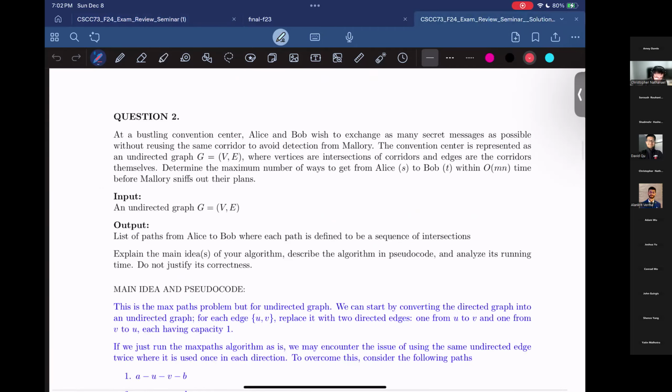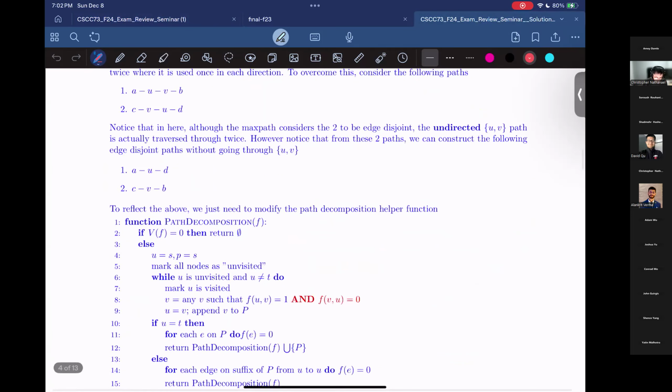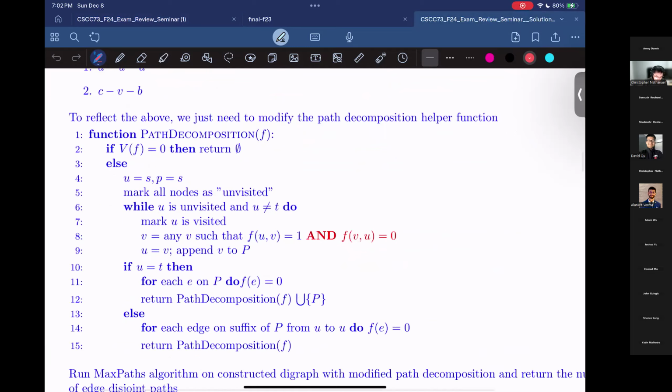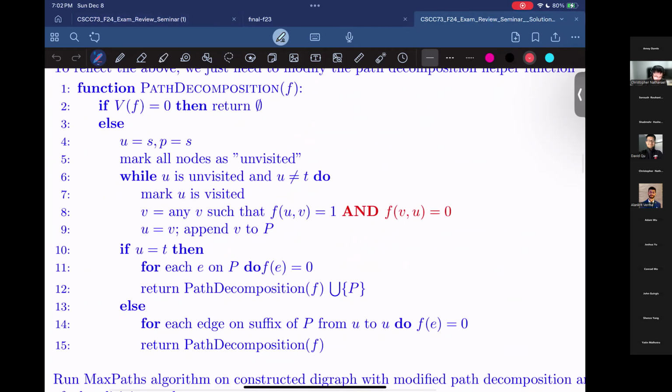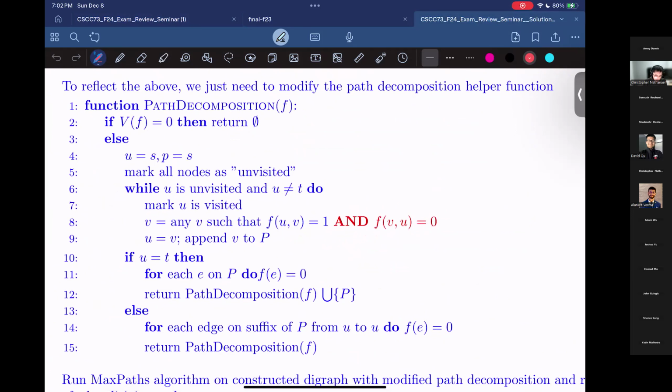So we just need to make a simple modification in this case. So this is the path decomposition helper function that the algorithm uses. And we just want to make sure that each time we select the next node, there is no backwards traffic.